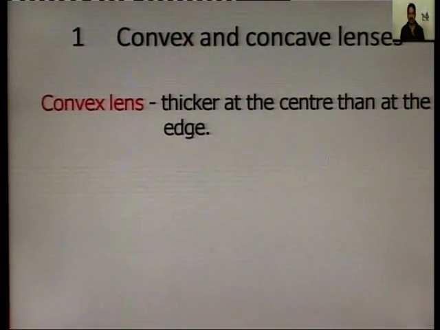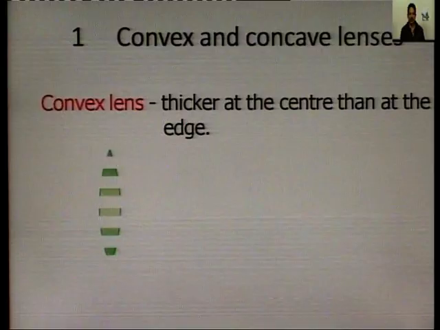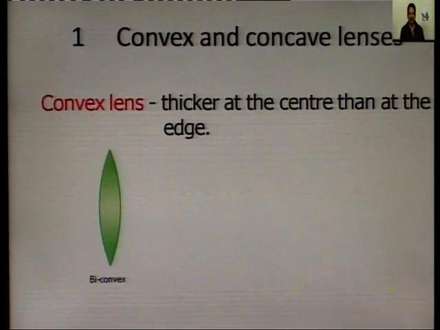A convex lens is thicker at the center than at the edge. This picture shows a convex lens having both surfaces curved or spherical, and this lens is called a biconvex lens.